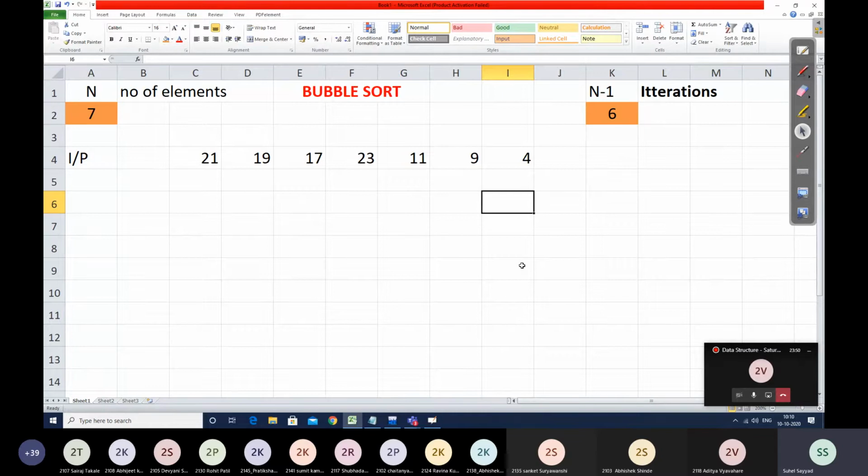In those 6 numbers, our objective is again to push the largest number to the extreme right. The largest among the remaining numbers is 21, so 21 will come to the second last position in the second iteration.